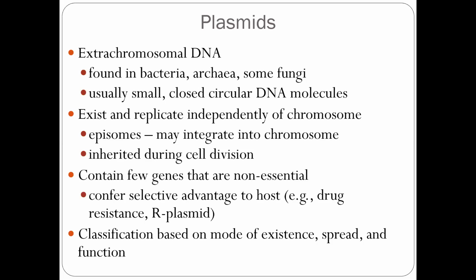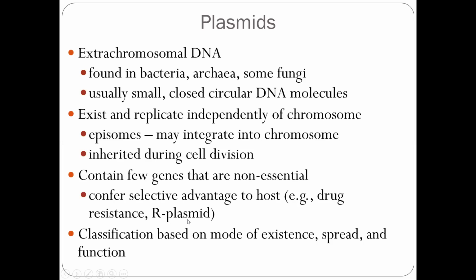Because the plasmid, although it's very small in size, it usually carries very important information. For example, these days we are talking about antimicrobial resistance, antibiotic resistance, or drug resistance. Where does it come from? Usually the plasmid carries those antimicrobial or antibiotic genes and becomes a resistance plasmid.